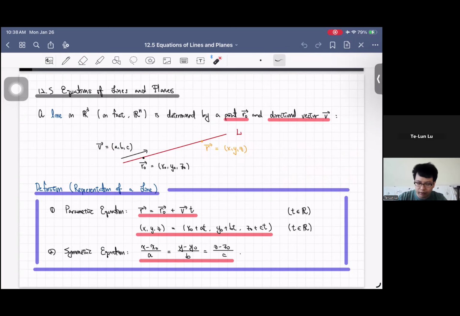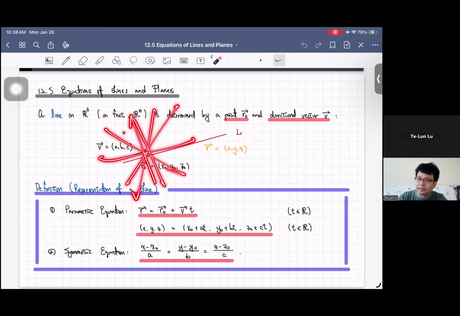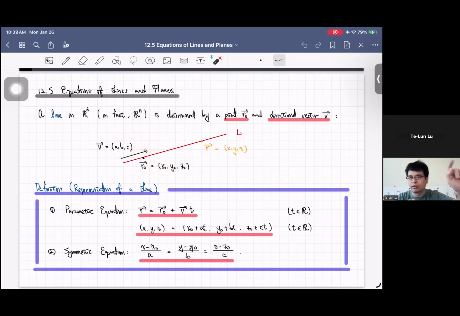If you only have a point, then there will be different orientations of lines, right? If you only have a vector, then you will have different parallel lines. So only when you're given a point and a vector, you have a solid definition for a line. A line is a point with a vector. A vector with a point is a line.